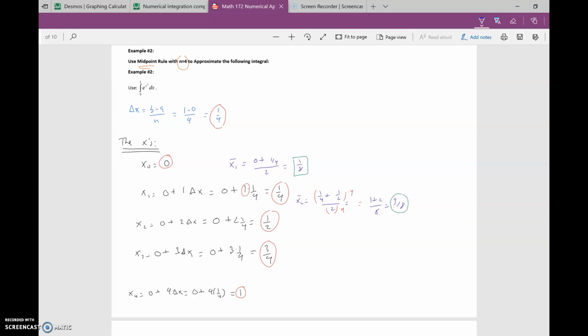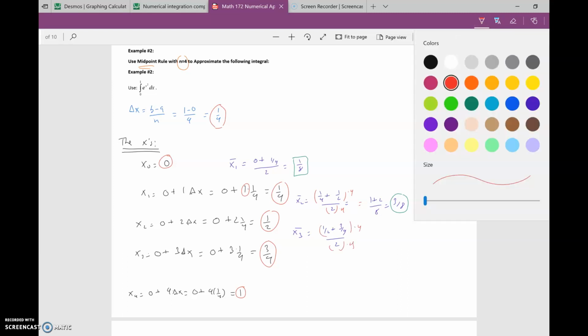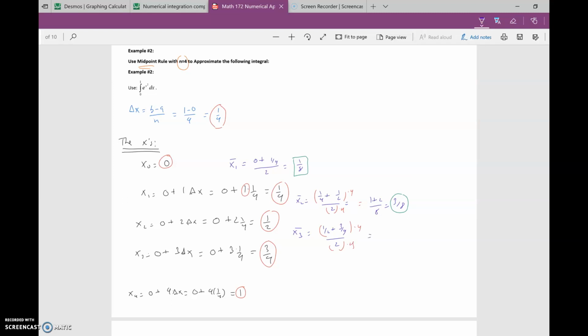The next midpoint, or x3 bar, is going to be 1/2 plus 3/4 divided by 2. Then I'm just going to multiply by 4, which gives us 2 plus 3 over 8. I'm getting 5/8.